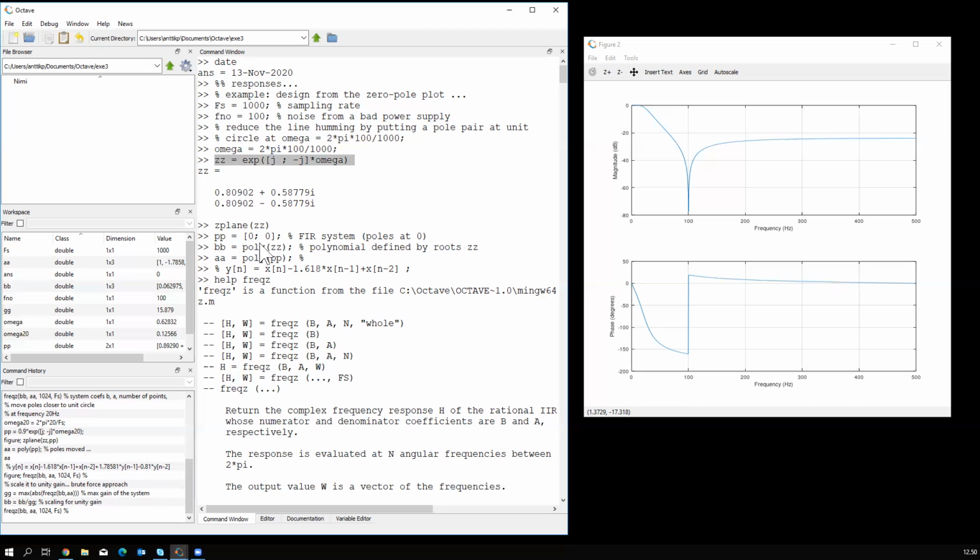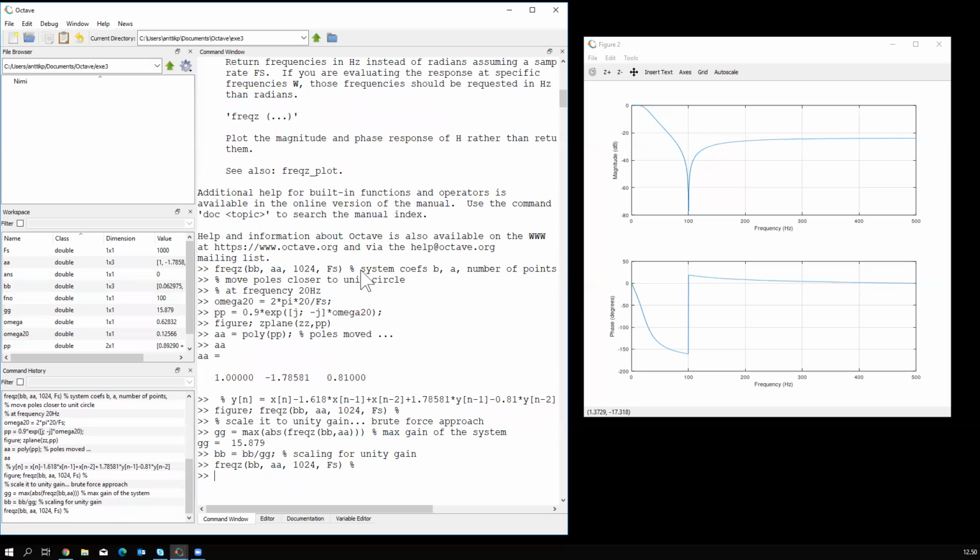Okay, and then from these zeros you can calculate the polynomial coefficients, and then originally we had this finite impulse response where it started, put the poles at zero. It must have poles, otherwise it's not a system, it just has the input, not output.